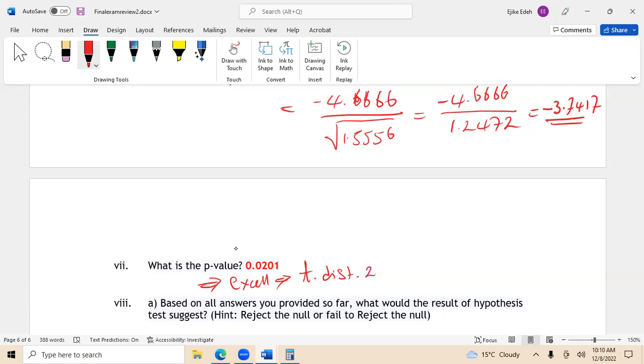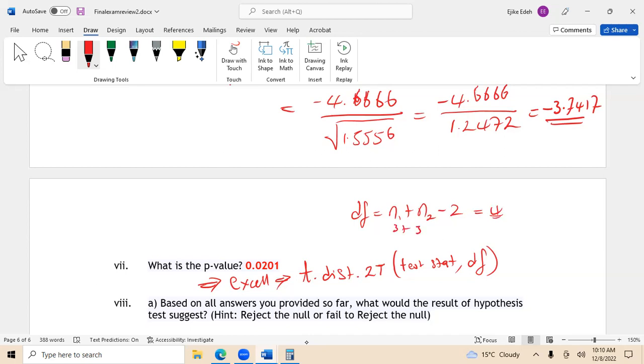So you must use t.dist.2t, and the first thing you have will be your test statistics, so I'll just call it test stats. Then you have your degree of freedom. Take note that we're doing 2 samples, so the degree of freedom here is n1 plus n2 minus 2, which was 4 for us because this was 3 plus 3.